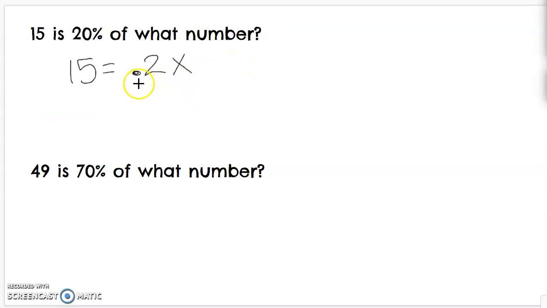So I'm going to set it up like this, and then I would divide by 0.2. And I get x equals 75. So that means 20% of 75 is 15.